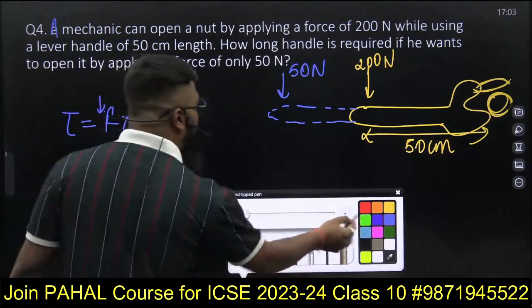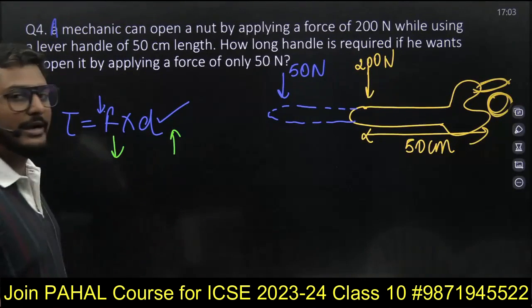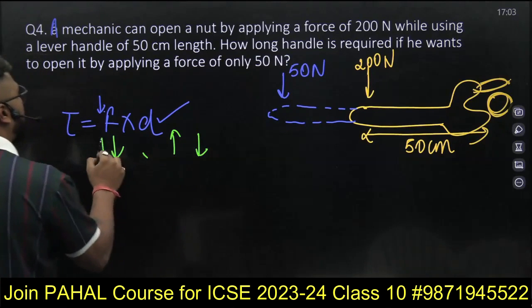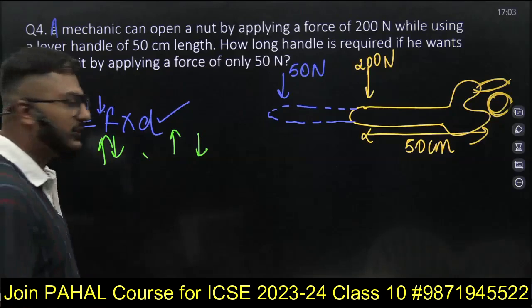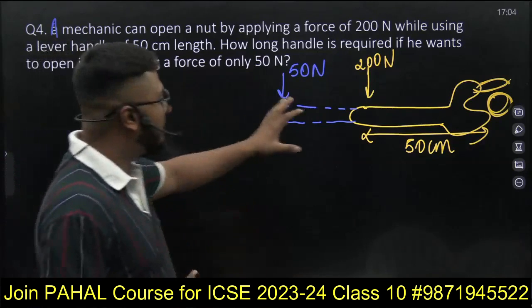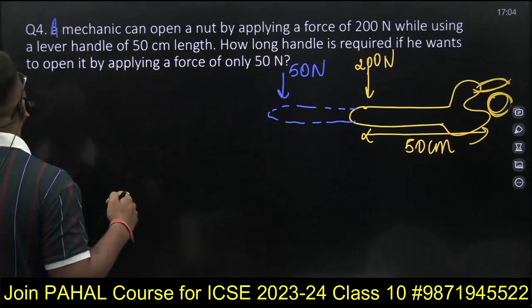If you increase the distance, the force required would decrease. And if you decrease the distance, the force required would increase. So this is the case over here. We have understood the question. We have drawn the figure. Now let's note down what is given in the question.